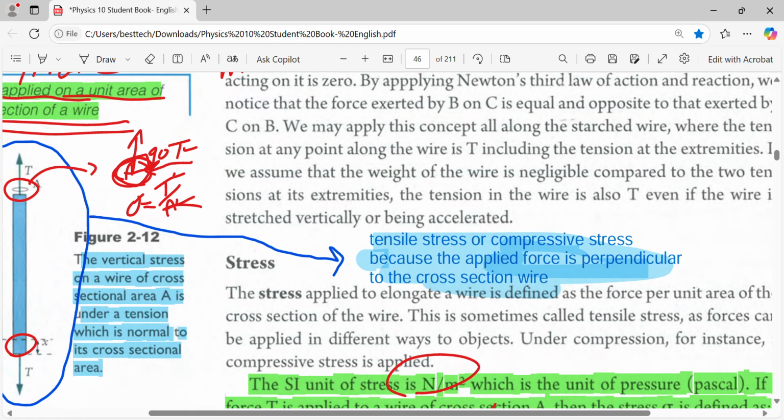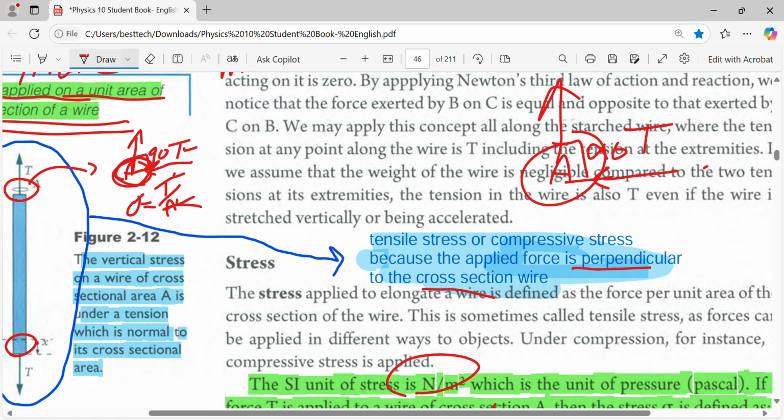Tensile stress or compressive, because the applied force, this T, the applied force T over this area, is perpendicular. That means the angle is 90 degrees with this area, because we see the direction of the area is from the top. So the angle between the area and the T is 90 degrees.